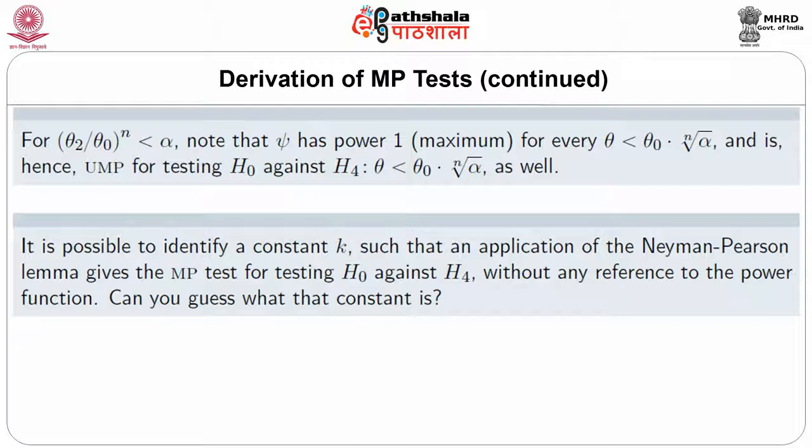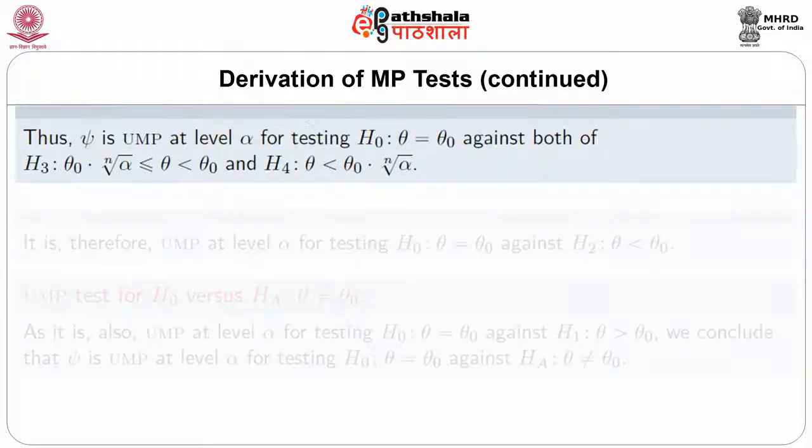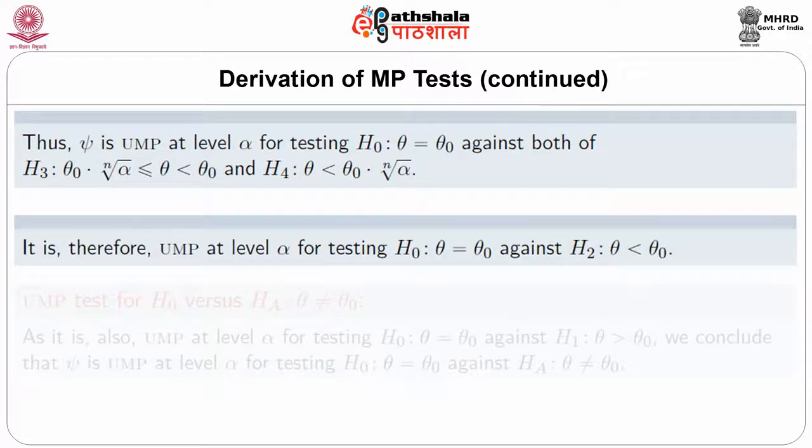So, that is obviously uniformly most powerful for testing H naught against theta less than theta naught alpha to the power 1 by n. So, we have shown that this problem, H naught: theta = theta naught against theta less than theta naught alpha to the power 1 by n, is tackled using the power function of psi that we have already shown, because the power is 1.